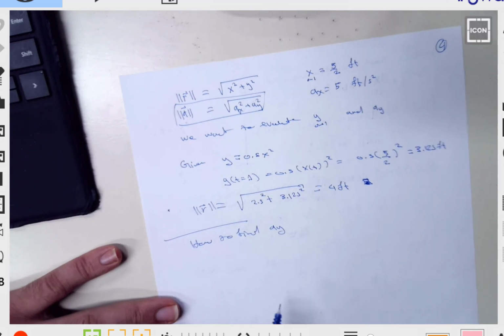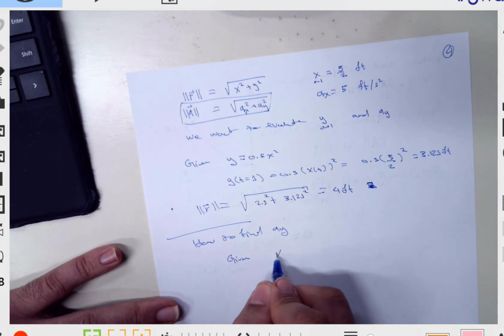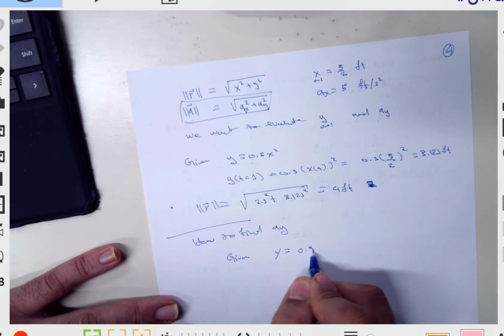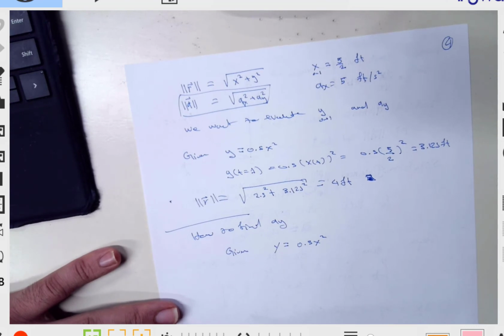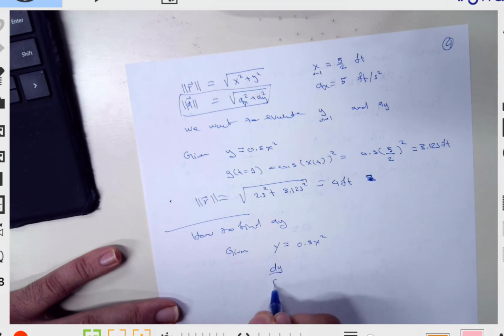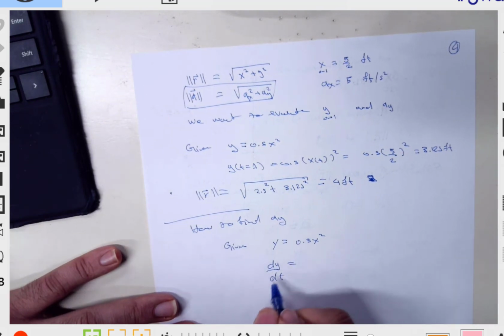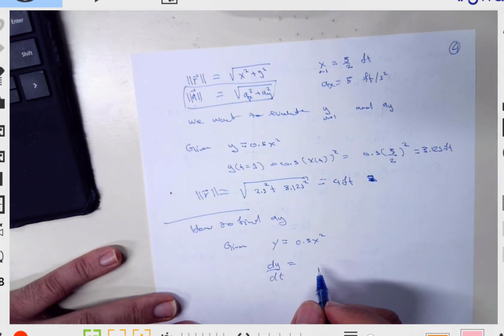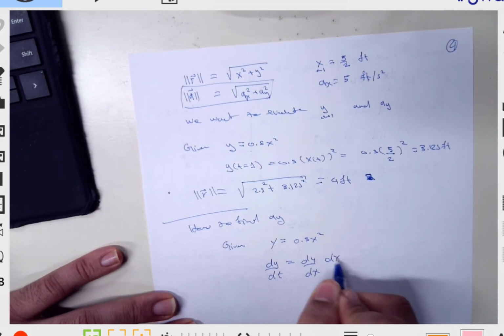Great. Now given y equal to 0.5x², I can do the chain rule. So dy over dt, which we really don't know, can be written as dy over dx times dx over dt.